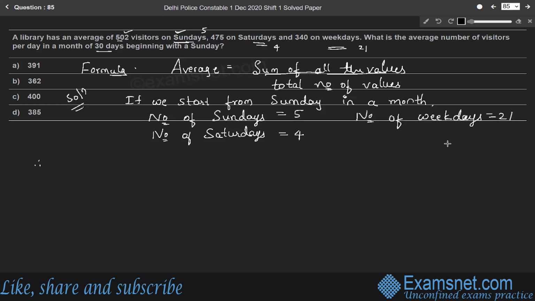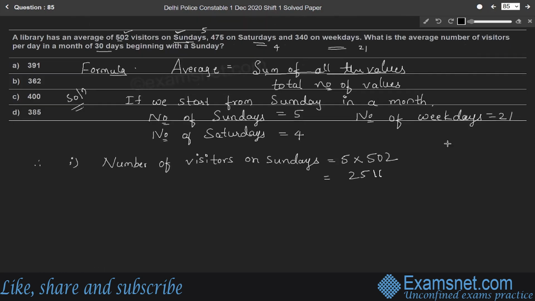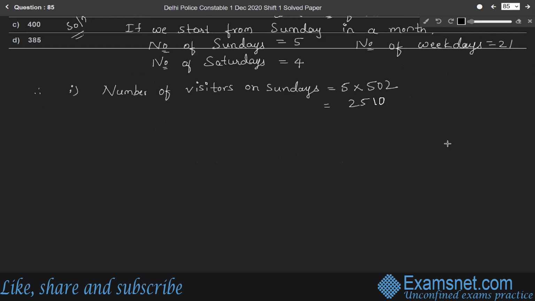Therefore, the total number of visitors on Sundays is equal to the number of Sundays, 5, into the average, that is 502, which is equal to 2510. Sorry, not 2501, 2510.